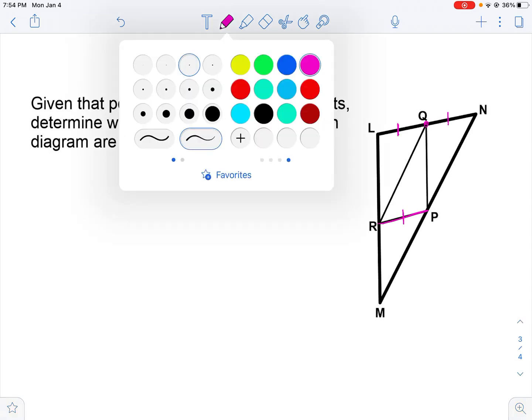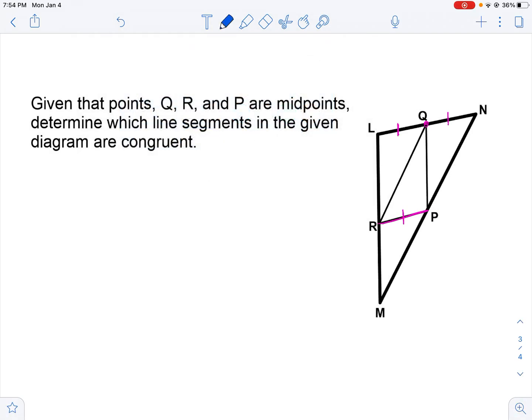Let's work it again, but with a different point. Let's take a look at P. We know P is the midpoint. It breaks up segment MN into two congruent parts.